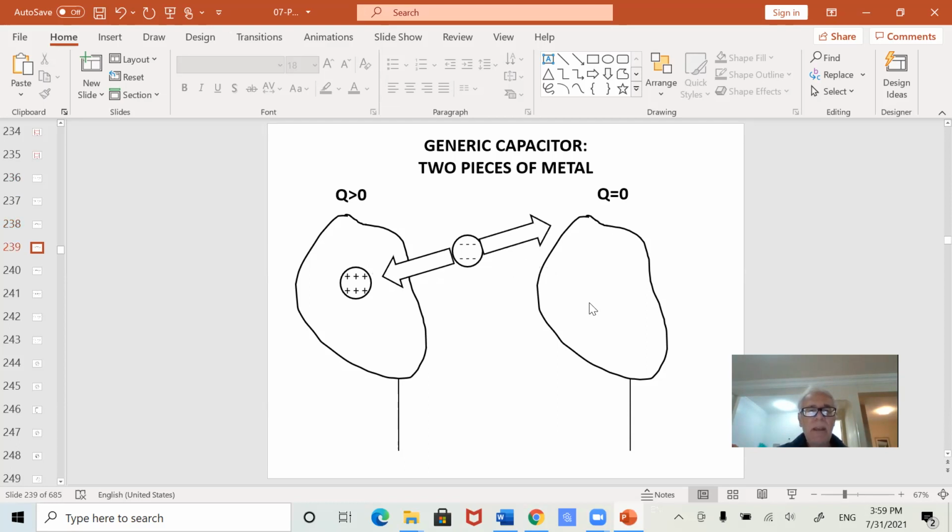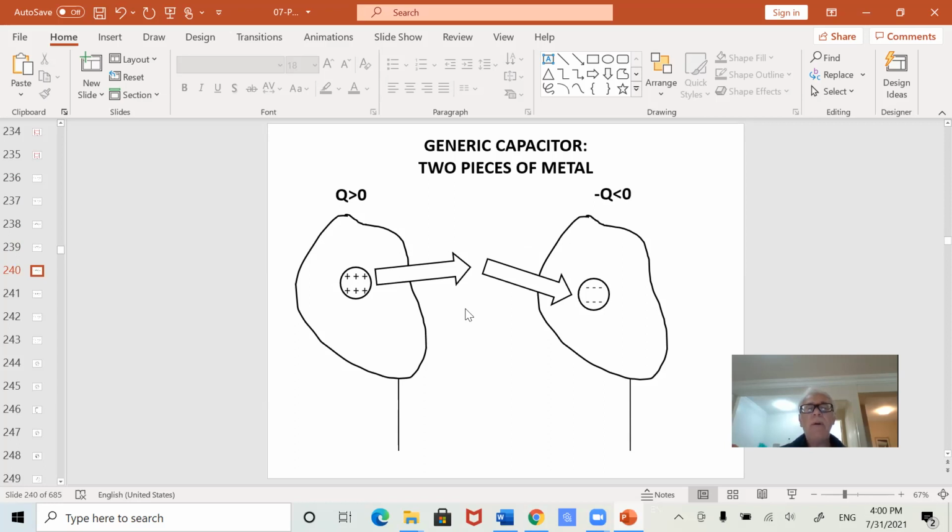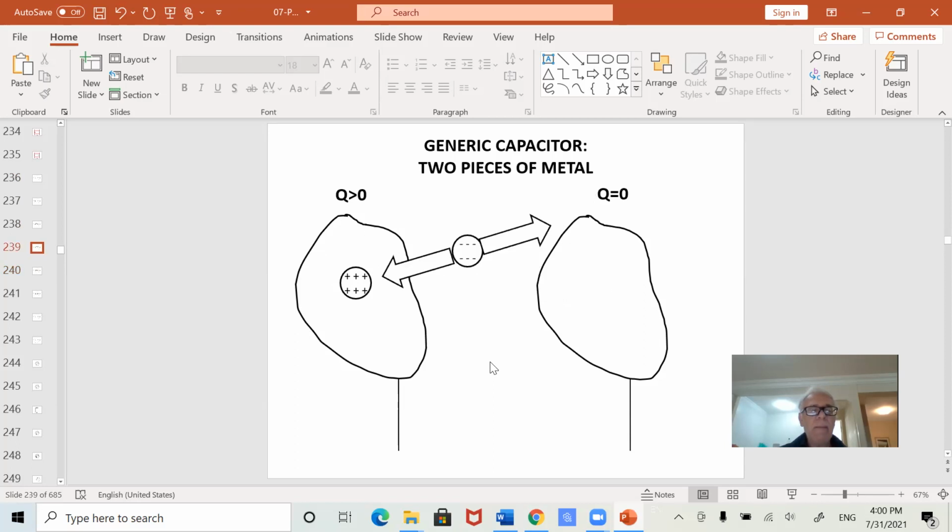Here you go. See, that's the electric force acting on those negative charges. You're doing work to separate the charges, to move these negative charges from this side of the capacitor to the other one. And when you do this work, you create an electric potential energy. Now the left side of the capacitor is positively charged.